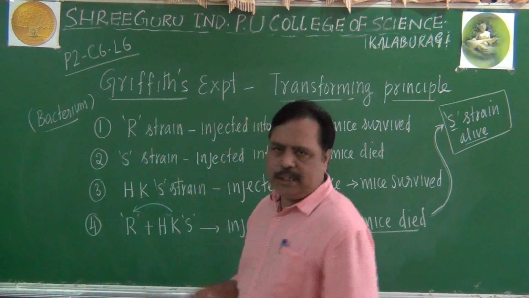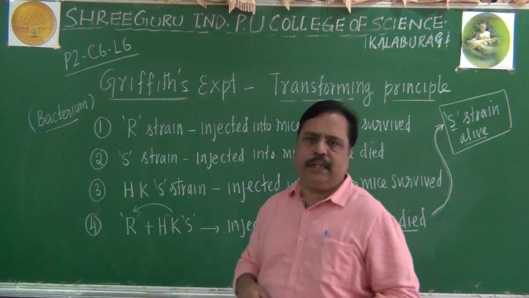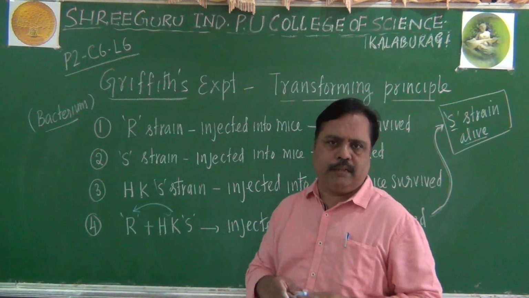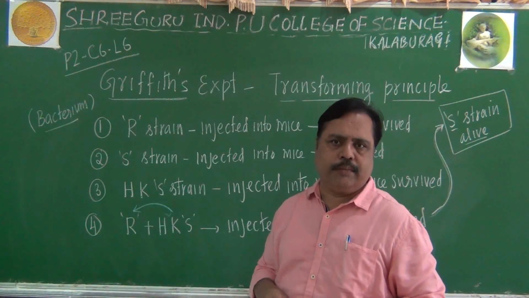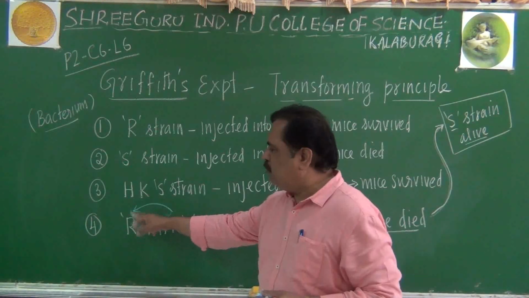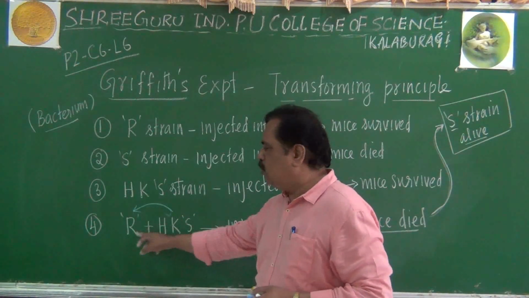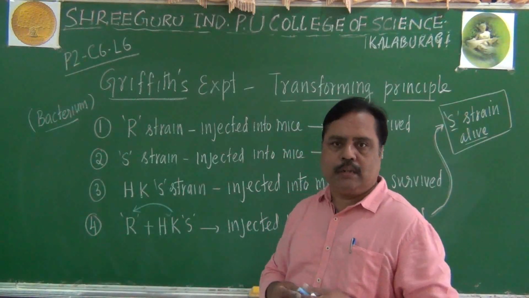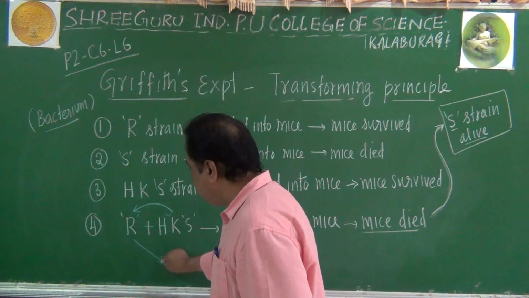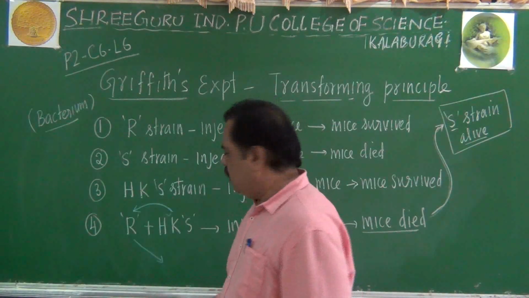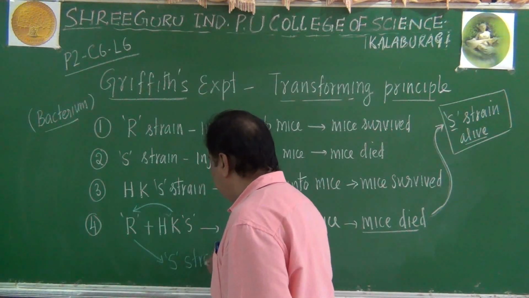This is a dead bacterium, already killed. This is the living R strain. There must be something which has entered from the dead bacterium into the R bacterium, as if some ghost has entered a living person's body. This something must have entered from the heat killed S type to the R type, so that because of the transfer, the R type became virulent and became S strain, he believed.